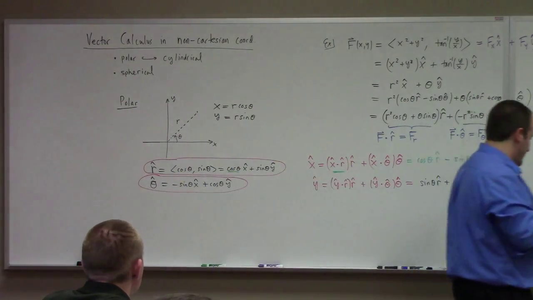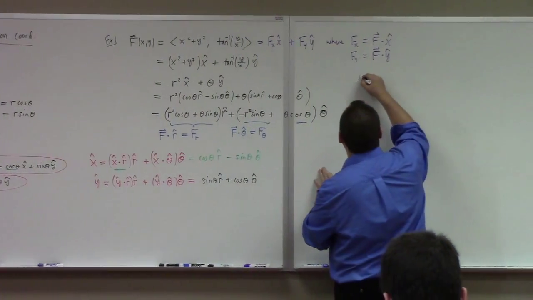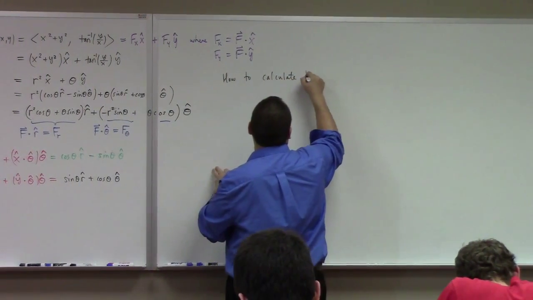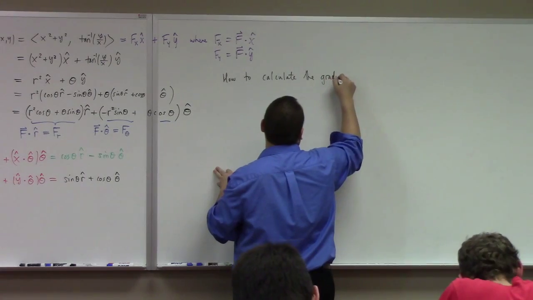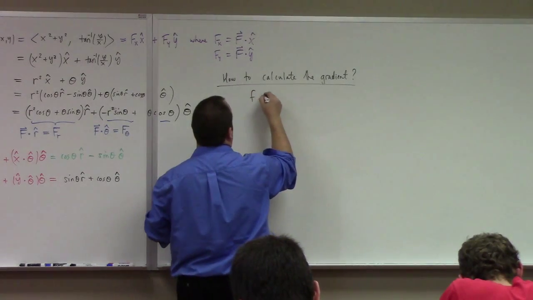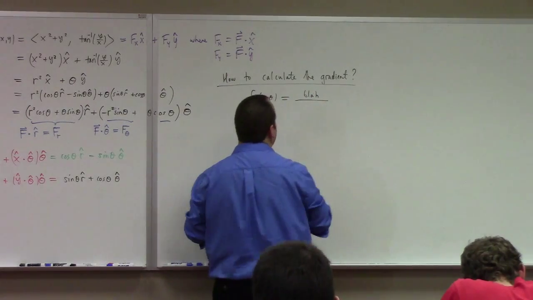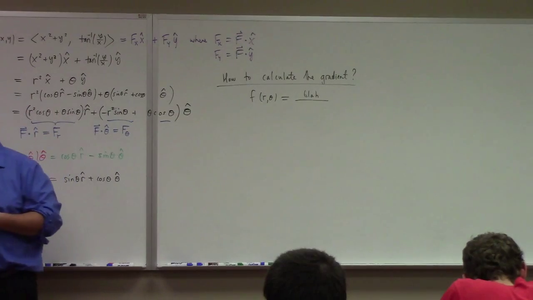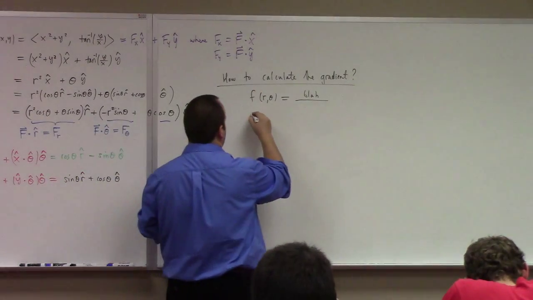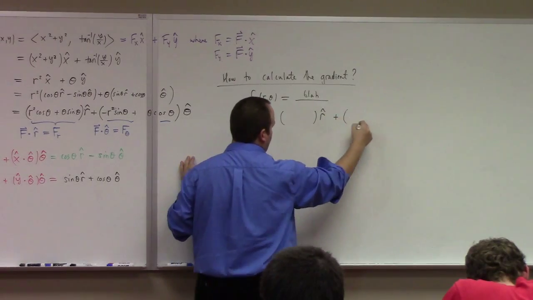So, natural question to ask once this world is open to you is how to calculate the gradient, right? Actually, I'm taking a step back here a little bit. In other words, suppose I have f as a function of r and theta equals blah. All right? But the blah is just in terms of r and theta, right? What does the gradient of f look like in terms of r hat and theta hat?